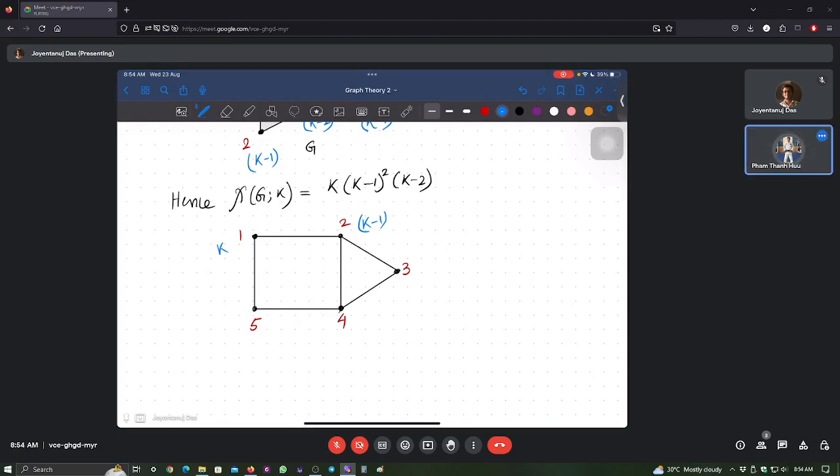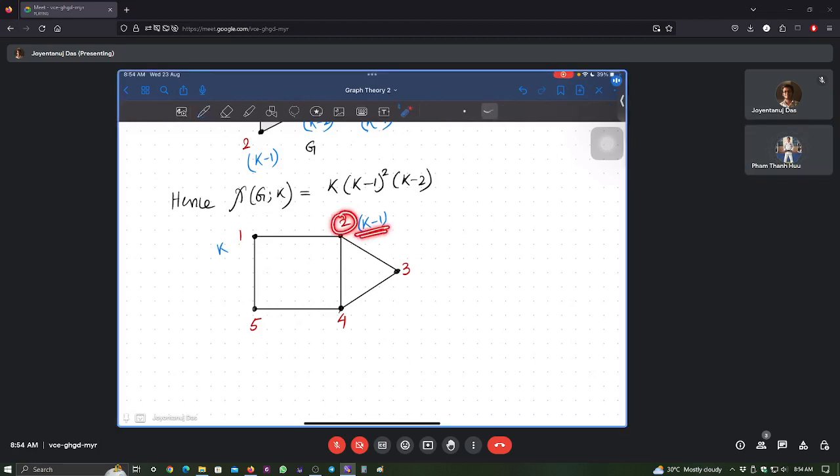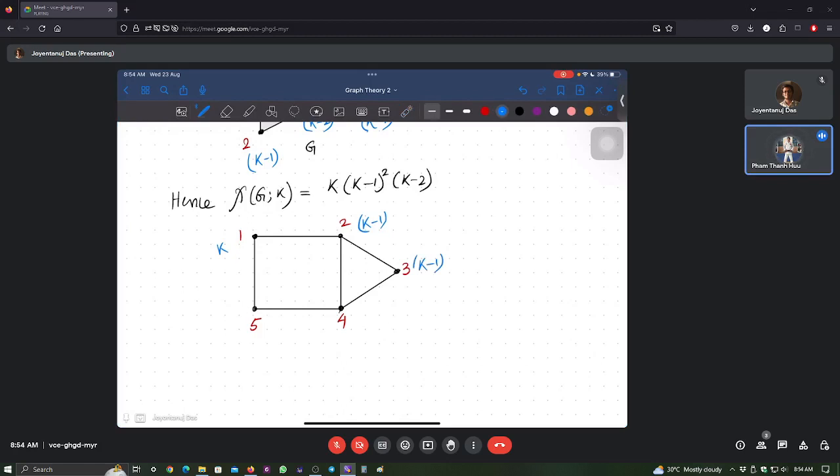Number three cannot have the same color as two, so number three has k minus one choices. Now number four has k minus two choices, because it cannot have the same color as two and three. So this is k minus two.